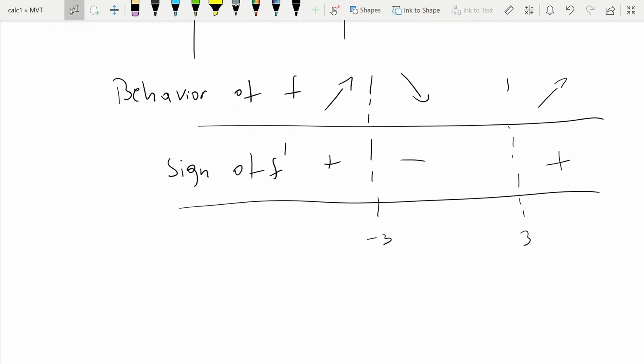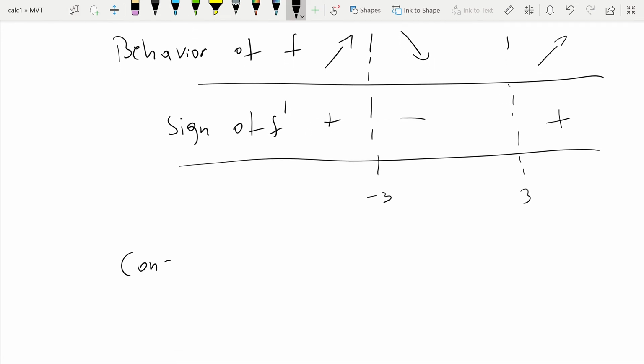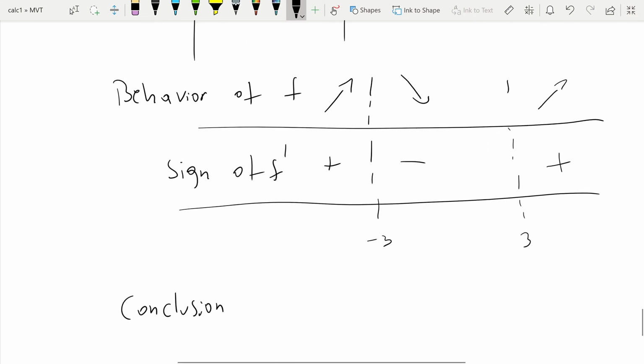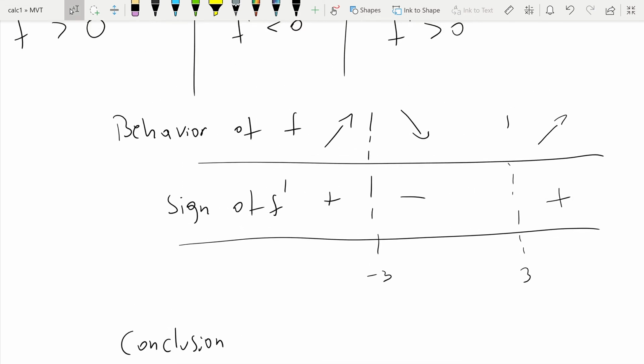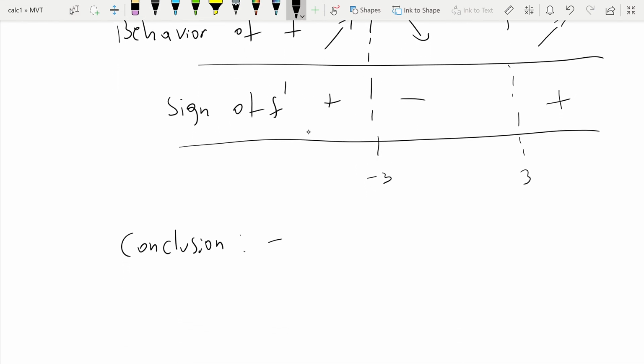And so what is the conclusion here? Based on the first derivative test, or even just paying attention to what the small table suggests, you're going up before -3 and going down after. So that means -3 must correspond to a local max.